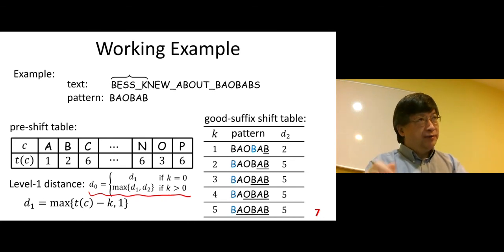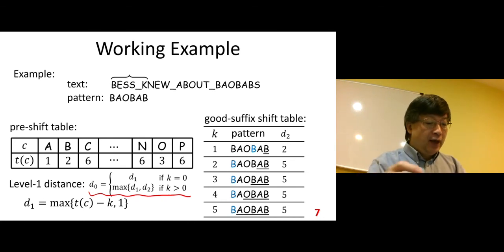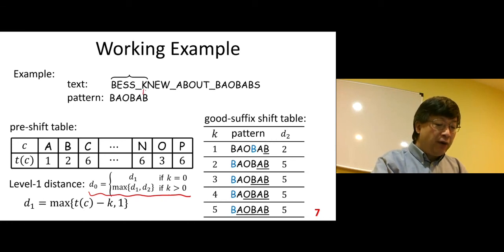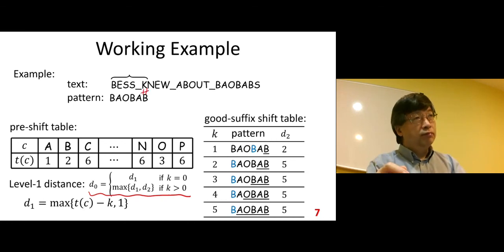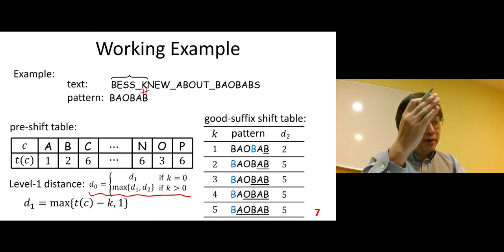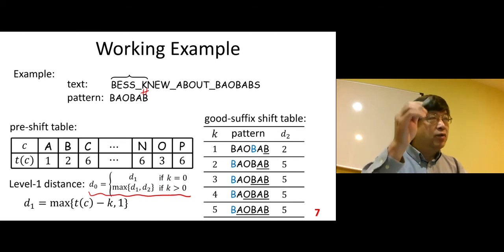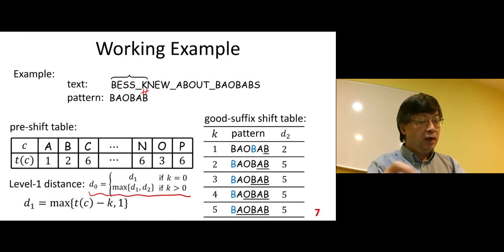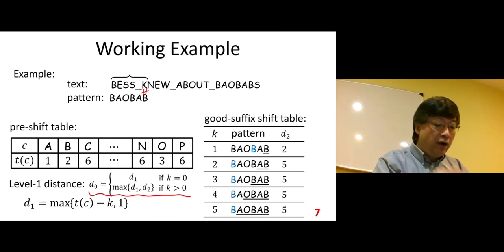The first round: K and B are not equal. M equals 6, so the step size equals M, 6. Not equal, because K equals 0, not matching. So we should take D1, because K is 0.